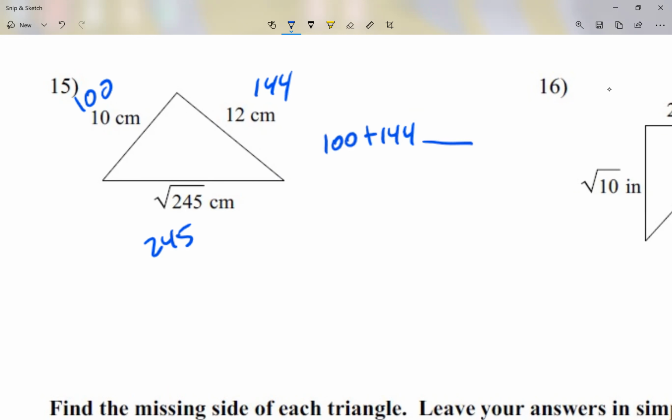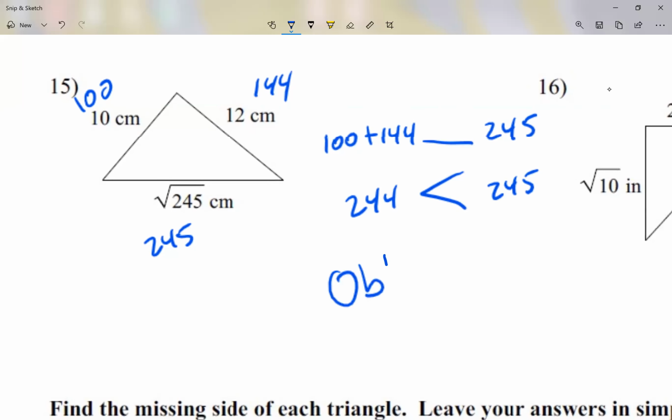Let me leave a space, 245. That gives me 244. Here I have 245. All right, a squared plus b squared is less than c squared. According to our rules, this is obtuse.